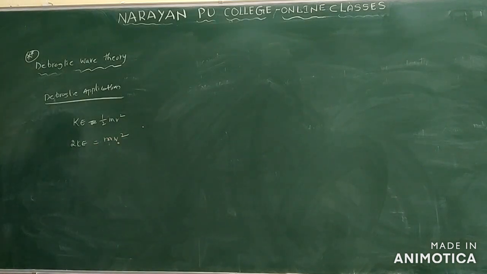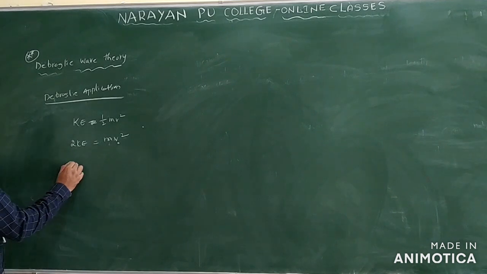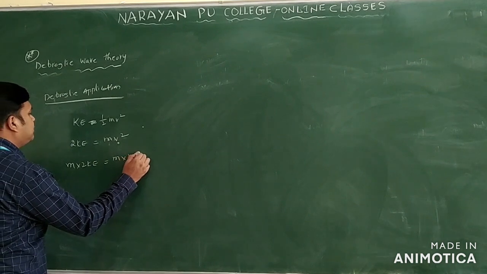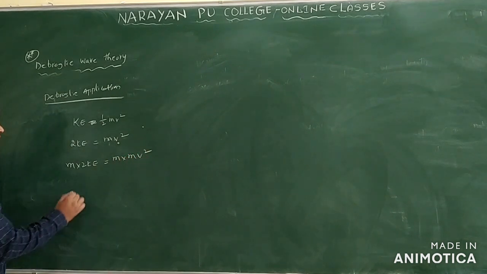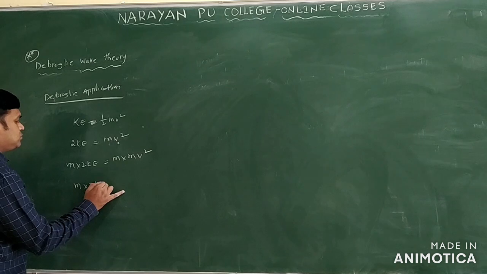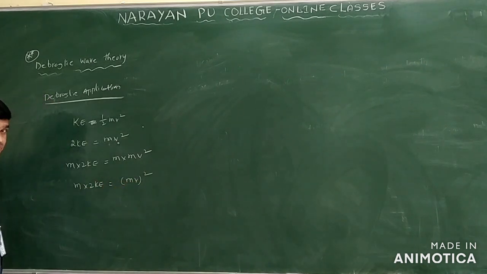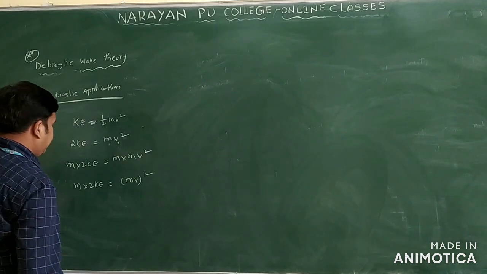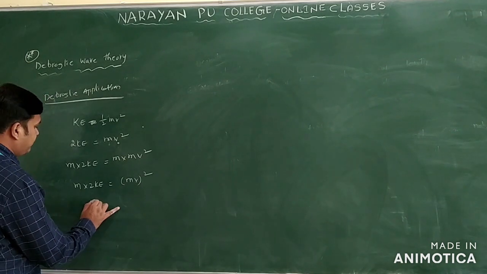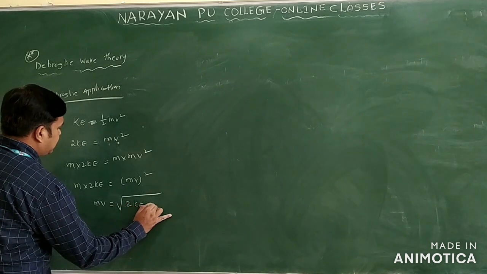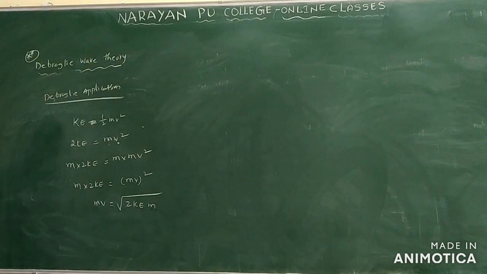I multiply both sides by m: m into 2 Ke equals m into m v square. Now m square v square can be written as mv whole square. So from this we can write mv equals the square root of 2 Ke into m.